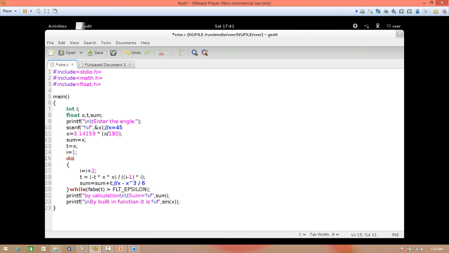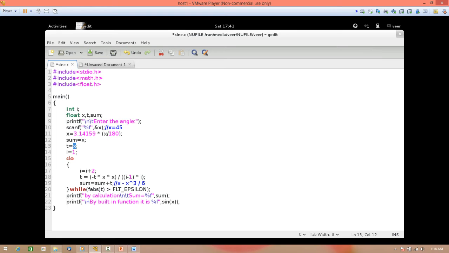So if i is 1, i plus 2 would be 3. So this t here refers to t3. When i equal to i plus 2, this t refers to t3. So t3 equal to minus of the old value of t into x into x divided by (i minus 1) into i. The old value of t is nothing but x.